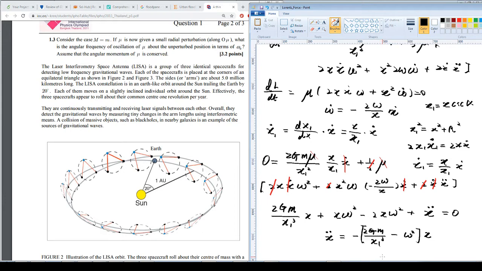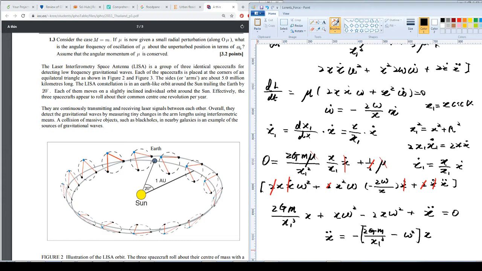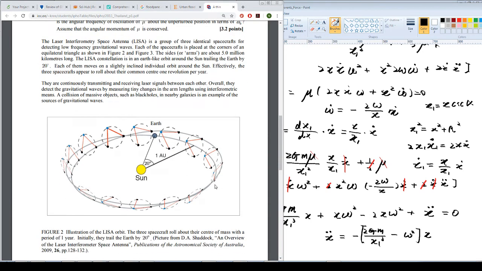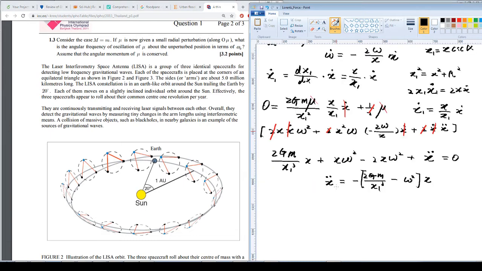Are the units okay? The units are okay. Yeah, so that means it's probably correct. Maybe the coefficients are off by 1 or 2, but it should be correct. And it's quite interesting.